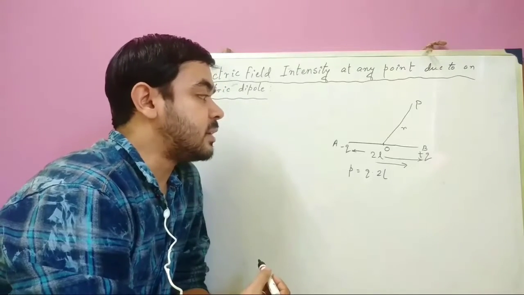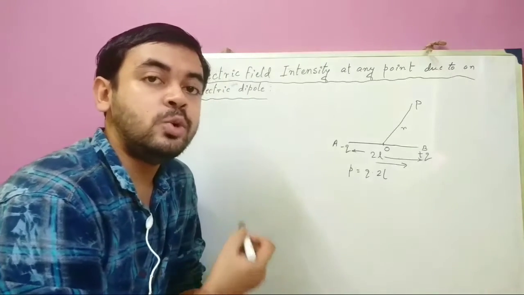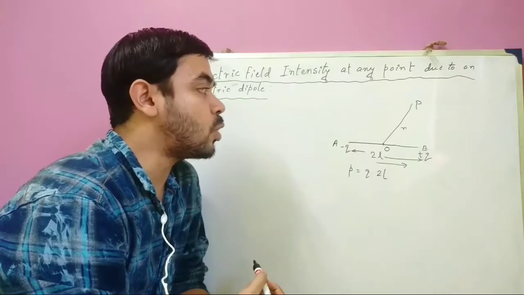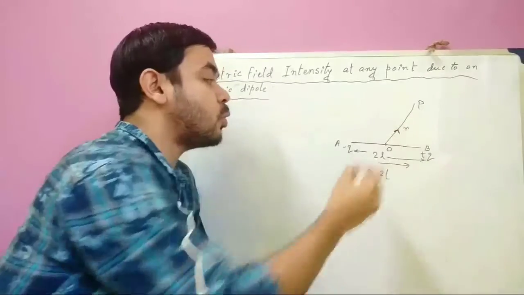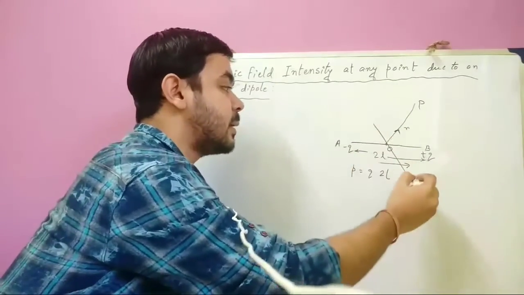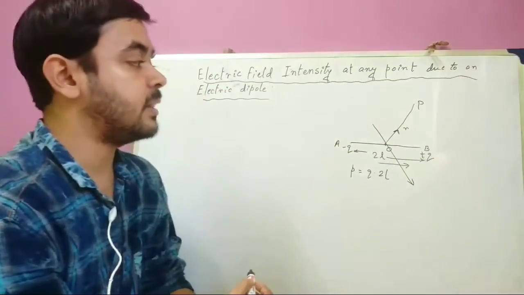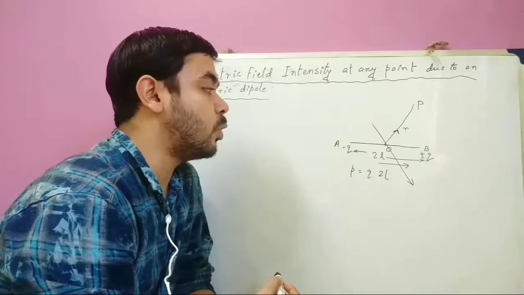Now, this is the electric dipole moment. Let us divide the electric dipole moment into two components: one along OP and the other perpendicular to OP.